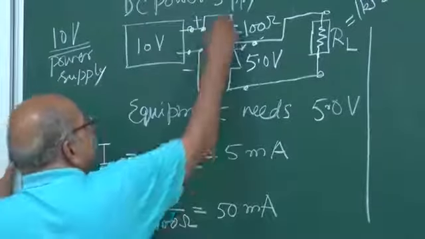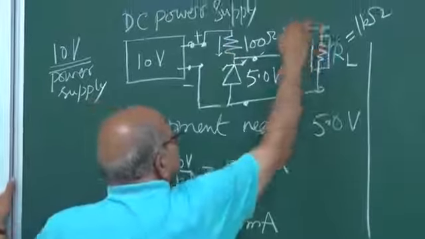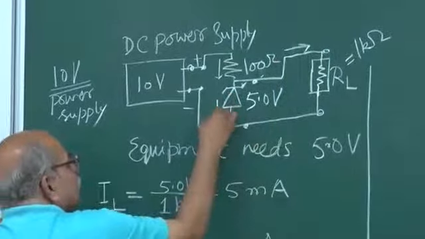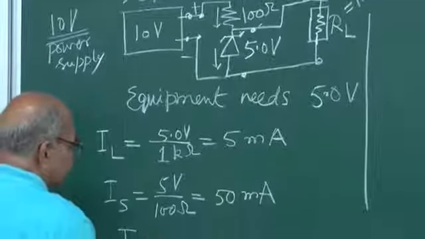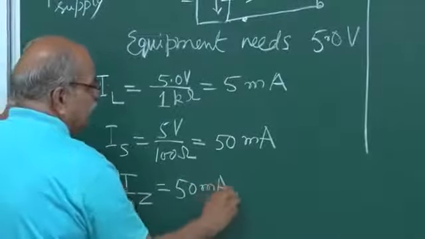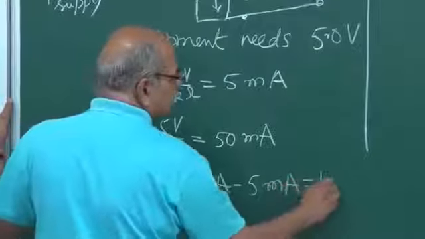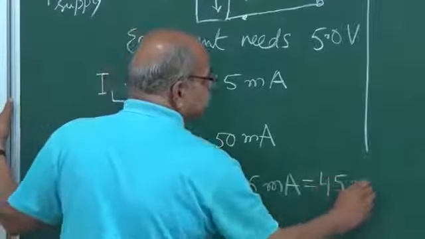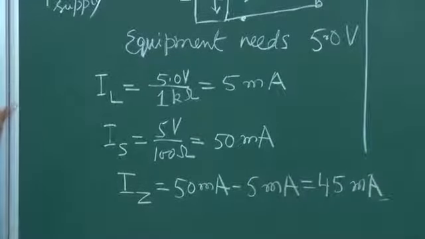You have 50 milliamperes here, you have 5 milliamperes here. So it's simple to see that the current through the zener is 50 milliampere minus 5 milliampere, and that is 45 milliampere.